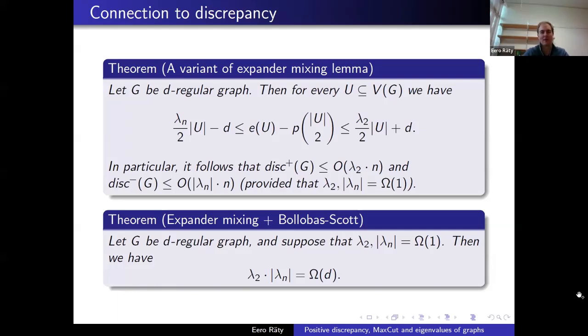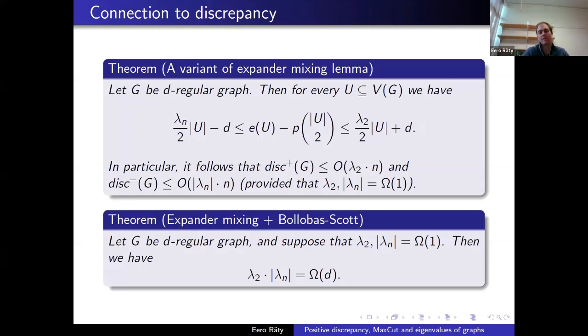So sometimes if I say lambda n without mentioning the absolute value, please remember that I'm talking about the magnitude rather than the actual value. This is provided that both of them are non-zero, because if they are 0, then this plus d term, which can be n, can mess things up slightly.